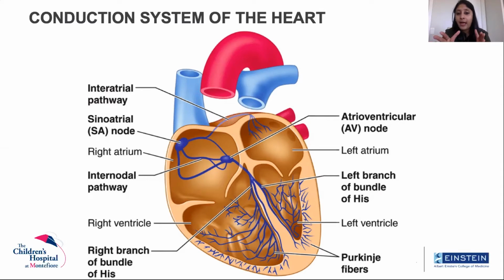So the top chambers of the heart squeeze first. They pump all the blood to the lower chambers of the heart, which are the true pumping chambers. And once the pumping chambers get the signal, they squeeze and they pump the blood out to the blood vessels. It is a very complex mechanism and works very beautifully when it does.